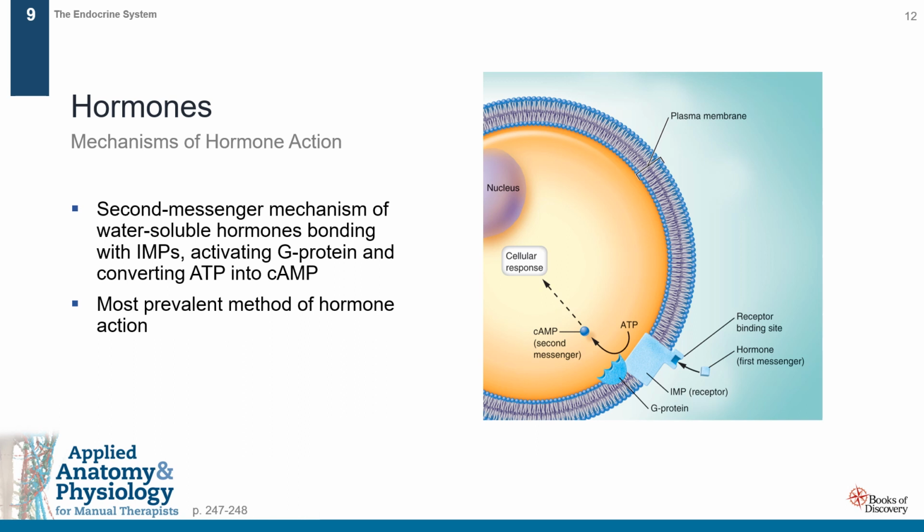In the cell, the cAMP serves as a second messenger, activating the special proteins that produce the target physiologic response. Since the majority of the hormones are water-soluble, the second messenger mechanism is the most prevalent method of hormone action in the body.